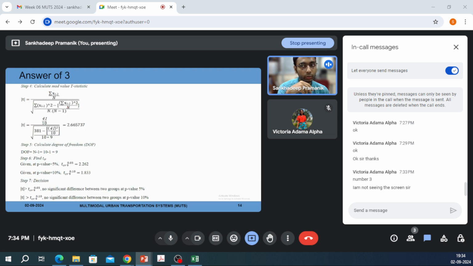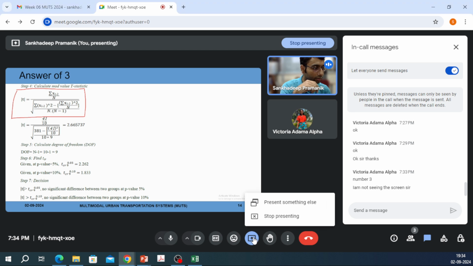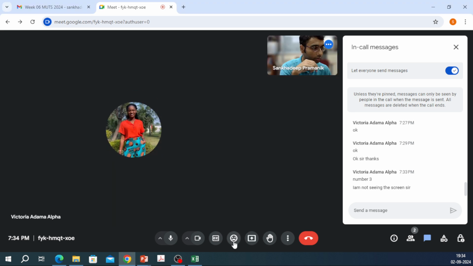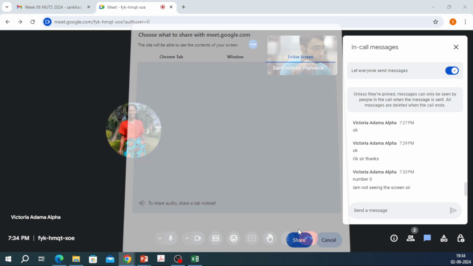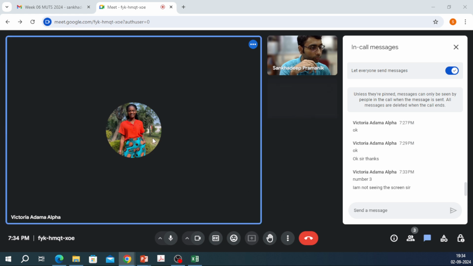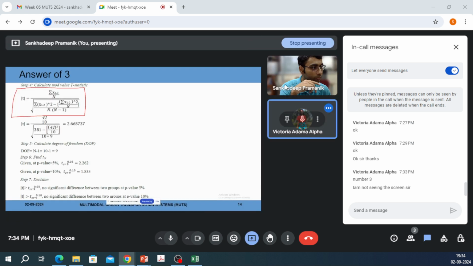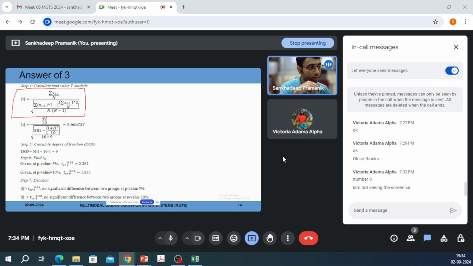Now this is the formula, and uh, Now your page is not still visible. okay, I'm sharing it again, just a minute. Is it now visible?